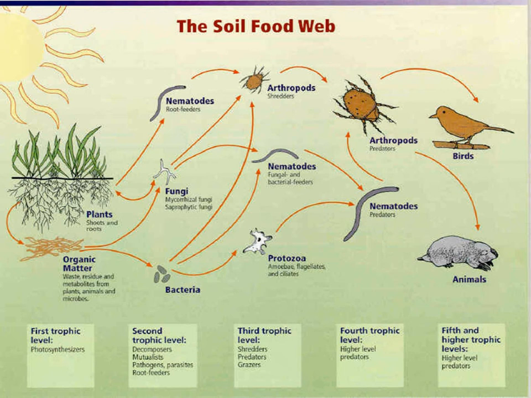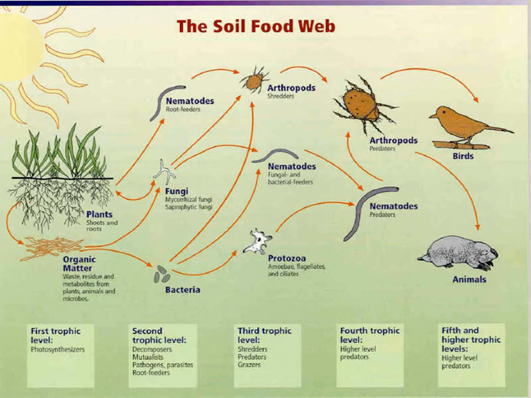So sunlight, photosynthesis, plants make sugar. Most of the sugars from photosynthesis are translated down into the root system. So over 50% of the energy of any plant we care about is going to be translocated down into the root system and stays in the root system or the soil.